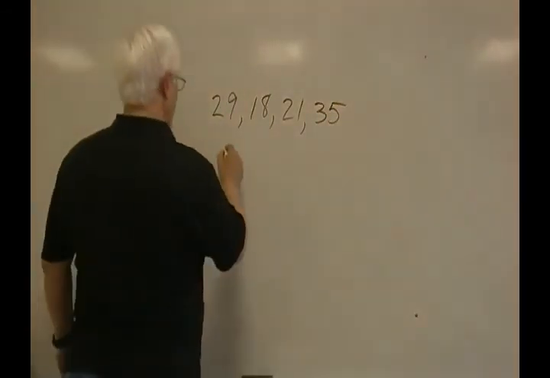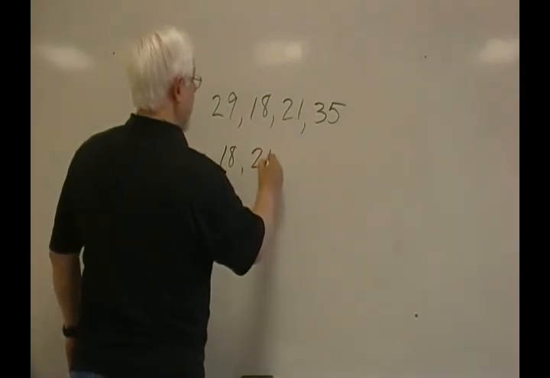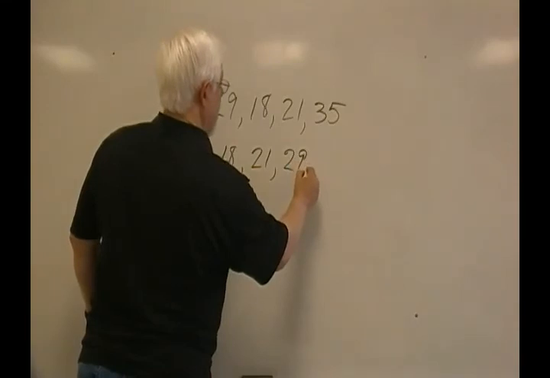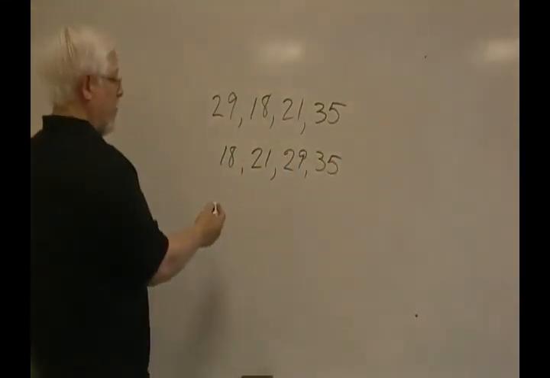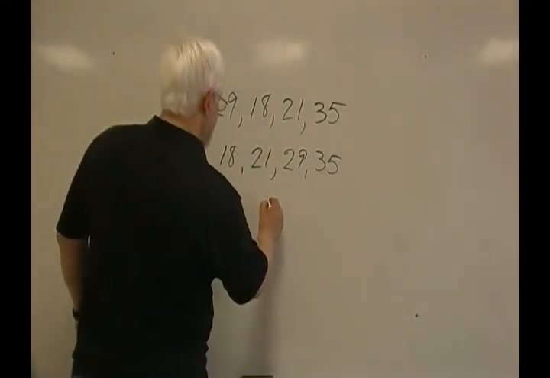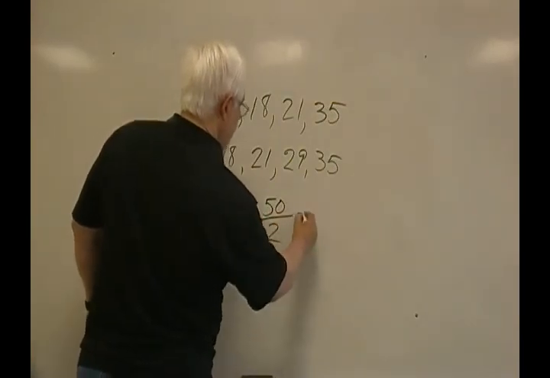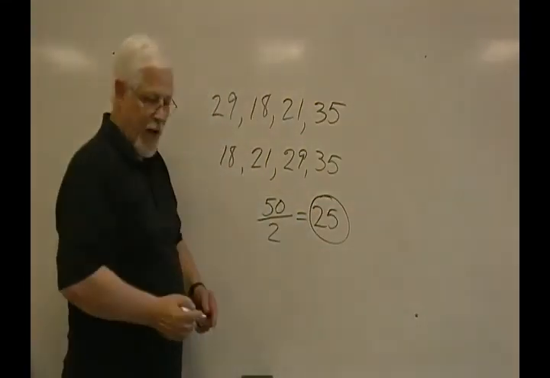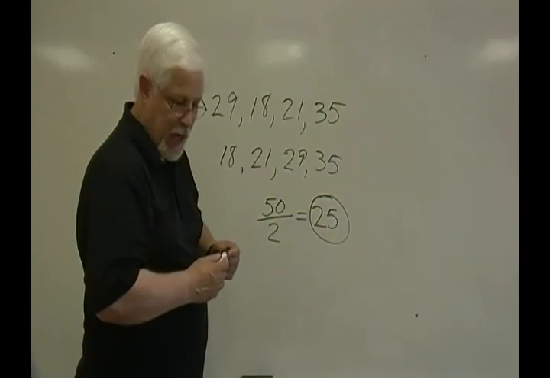First, you want to put them in order. 18's first, 21, 29, and 35. Notice we have an even number of values, so what we have to do is add 21 and 29, which is 50, divided by 2, and we get 25. 25 is the median. Choice E.